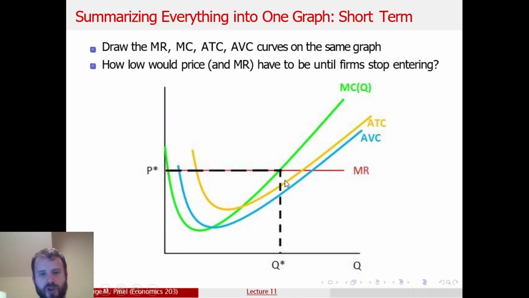Because if price drops to here, quantity is going to be here, not here. Okay, so even though this is an intersection with average total cost, it's not going to be where the optimal quantity is. You have to keep in mind that the optimal quantity will be decreasing as price decreases. So if I bring it down here, is this the break-even price?